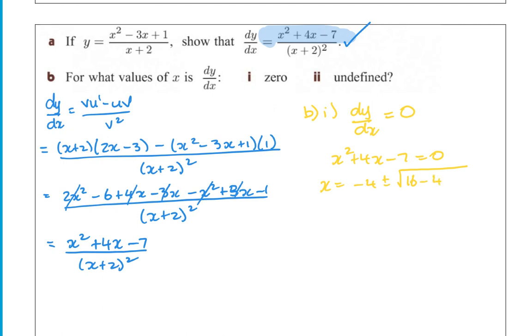So I'm just going to substitute straight into the quadratic formula. Simplify it down.